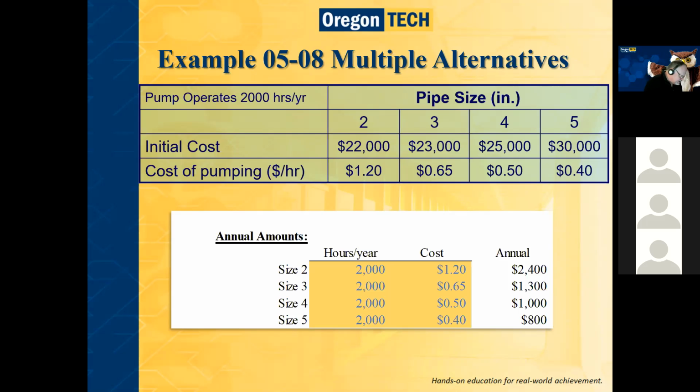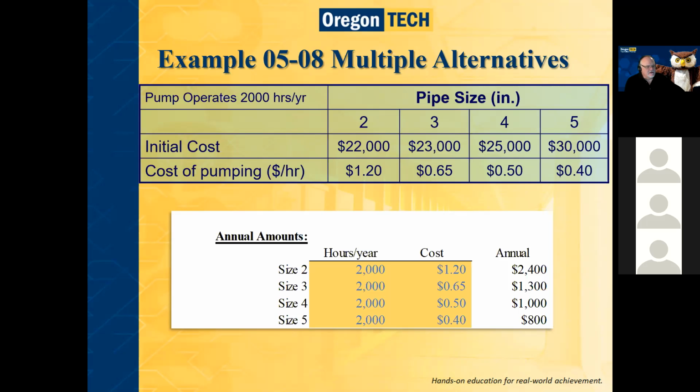During the 5-year construction period, the contractor will need water from a nearby stream. She wants to construct a pipe to get that water, and the cost of the pipes is shown. Again, initial cost of pipeline and pump, and the hourly cost of pumping at 2,000 hours a year. So you got a time period, and you got amounts per year.